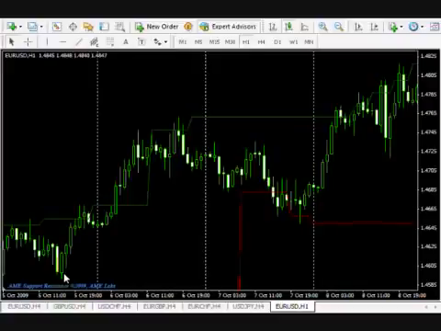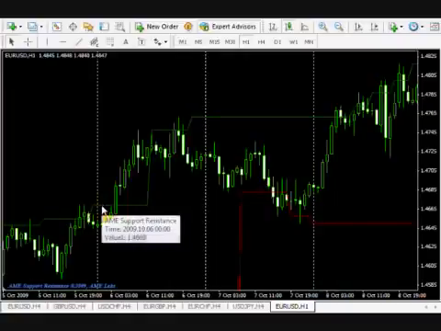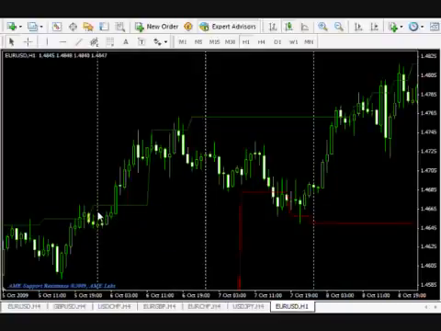And so you can use that to your advantage. You can look at the chart and say, in this case, for example, here a new resistance level was established at 1.4669. So now what you can do is wait a few bars and see which direction the price is going to go. Generally it reverses, but in this case it actually broke through.